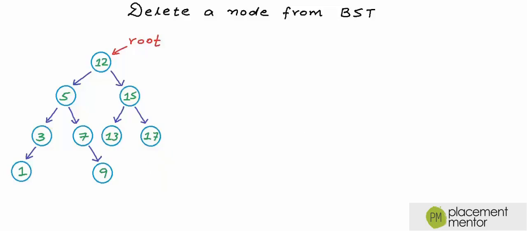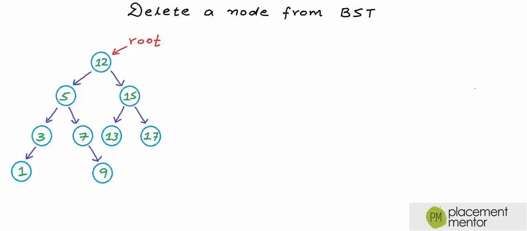The property of binary search tree that for each node, the value of nodes in left should be lesser and the value of nodes in right should be greater is conserved. So deleting a leaf node, a node with no children, is really easy. In this tree, these four nodes with values 1, 9, 13 and 19 are leaf nodes. To delete any of these, we just need to cut the link and wipe off the node. That is, clear it from memory.